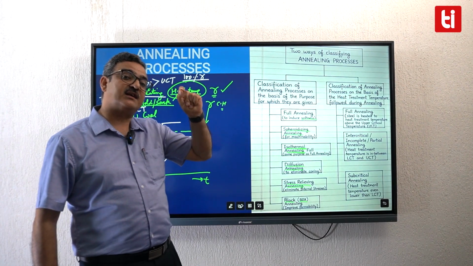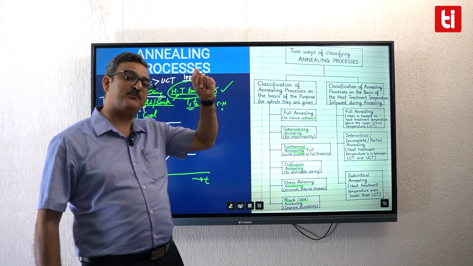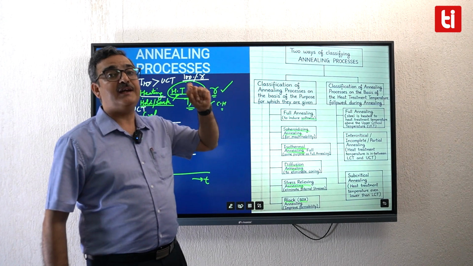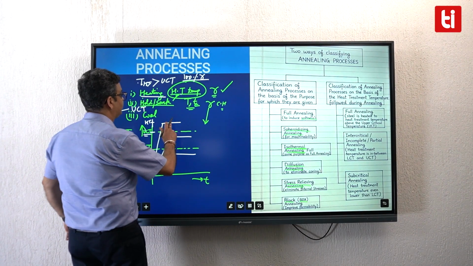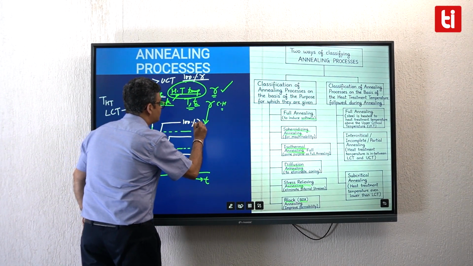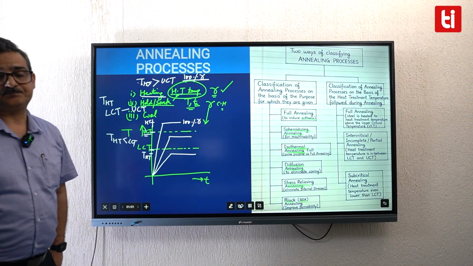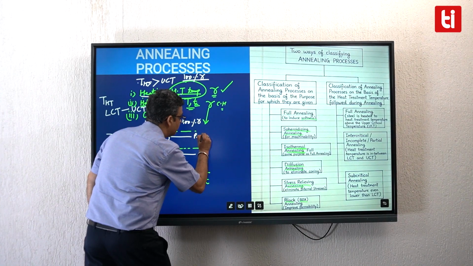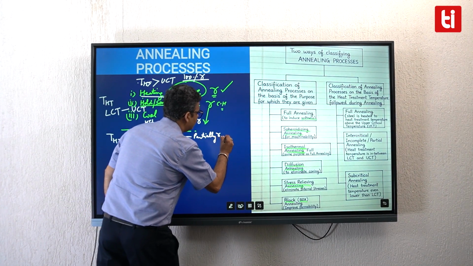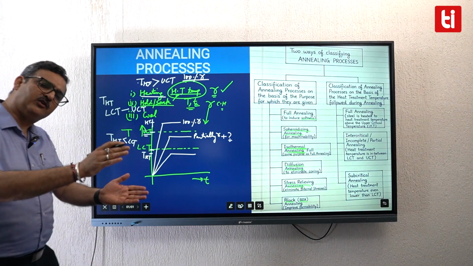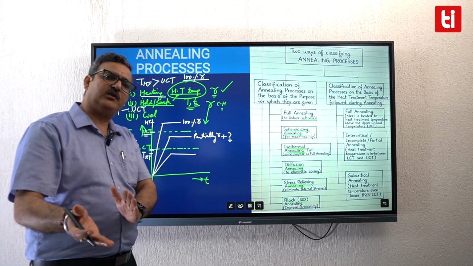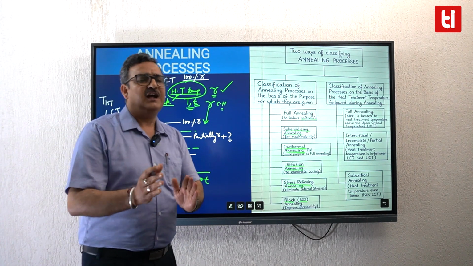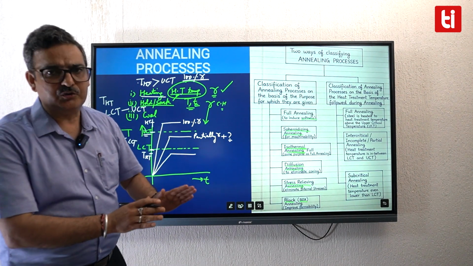If the heat treatment temperature is somewhere between the lower critical temperature and the upper critical temperature, you are giving partial annealing or incomplete annealing or intercritical annealing. Whereas in full annealing, your steel's microstructure will show 100% austenite at the heat treatment temperature, here you will have partial austenite and some other phase present along with it, either pro-eutectoid cementite in case of hyper-eutectoid steels, or pro-eutectoid ferrite in the case of hypo-eutectoid steels.